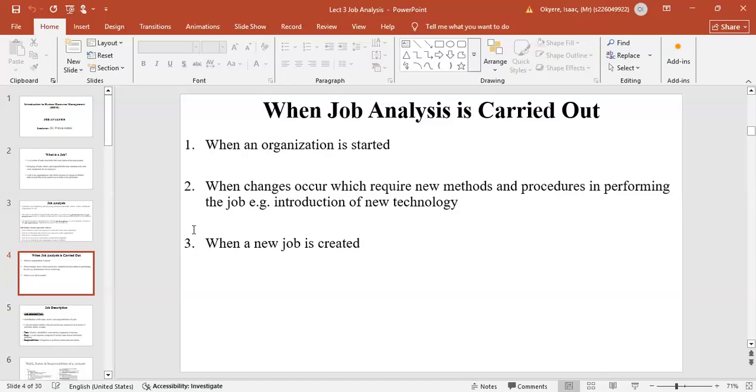We need to know that this is the kind of machine that you use to do the job. So these are the three occasions when job analysis is carried out.